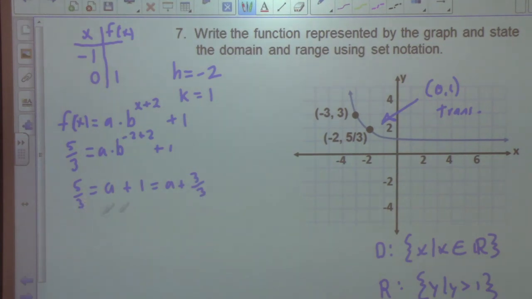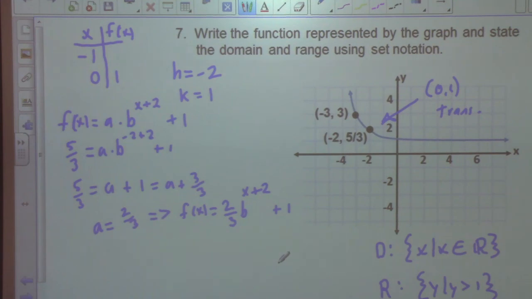Subtract 3/3 from 5/3, so a is equal to what? 2/3. Okay? So now, what we have here, I'm going to continue to work to the right. We'll have f of x equals 2/3 b to the power of x plus 2, and then plus 1 here.